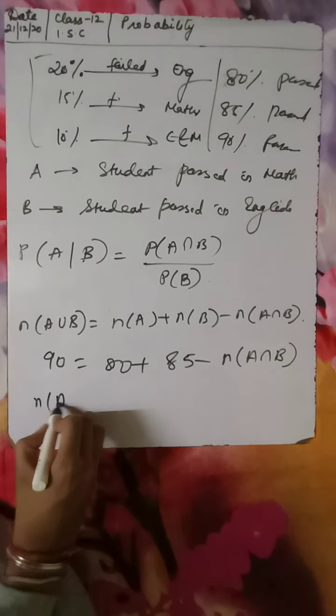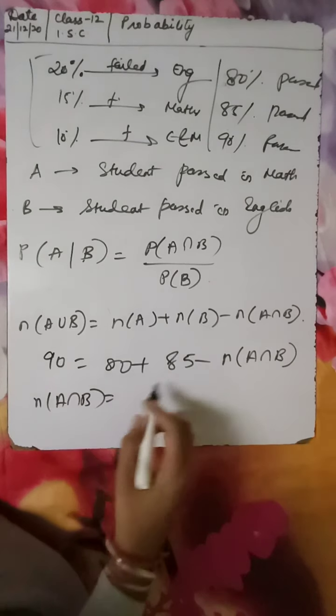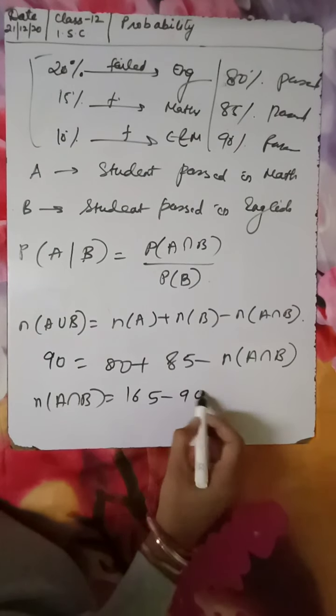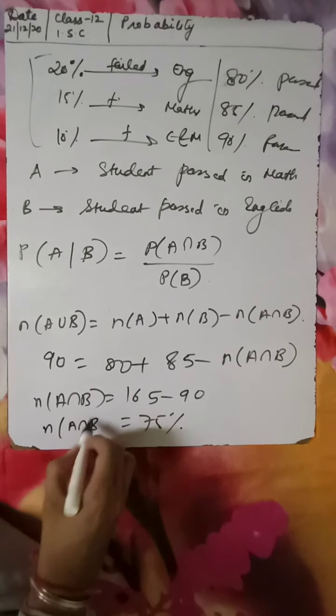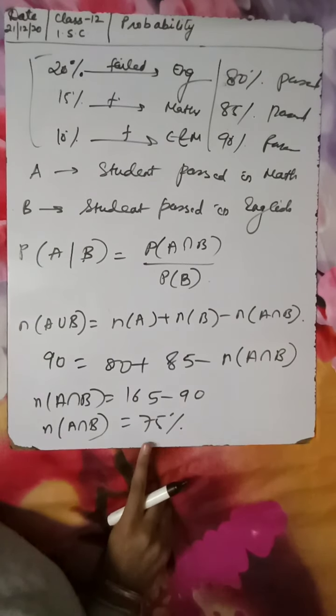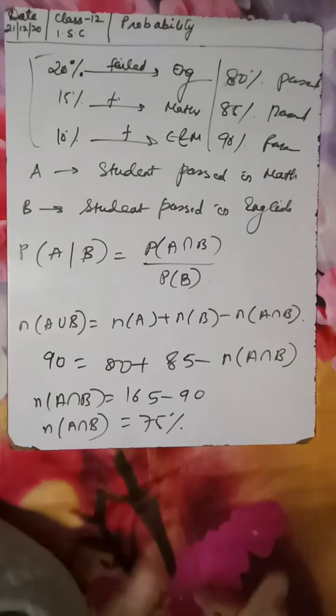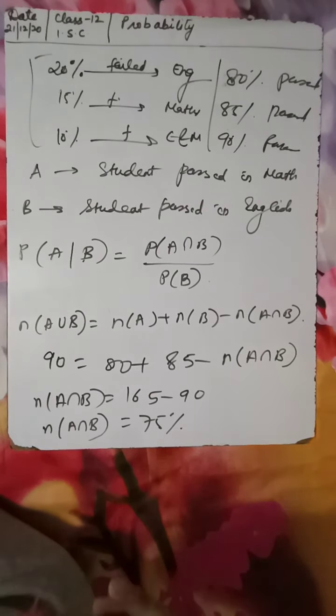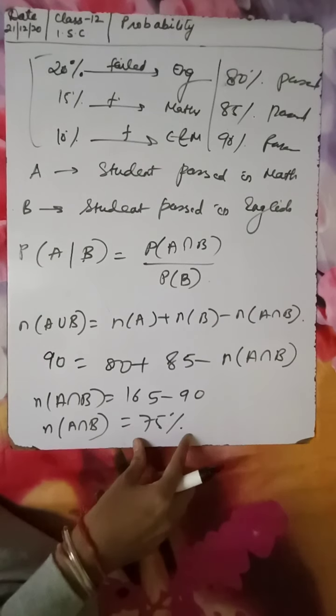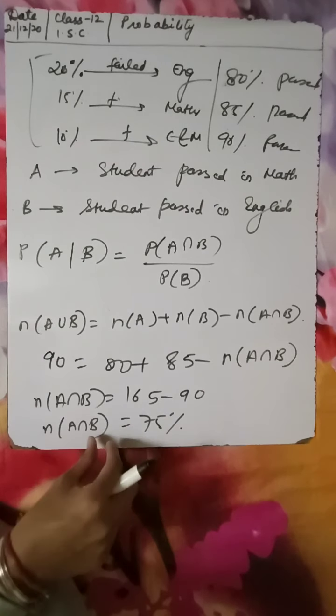So number of A intersection B will be 80 plus 85, 165, minus 90, that is 75%. This means that 75% of students passed in both English and mathematics, and this is our A intersection B.